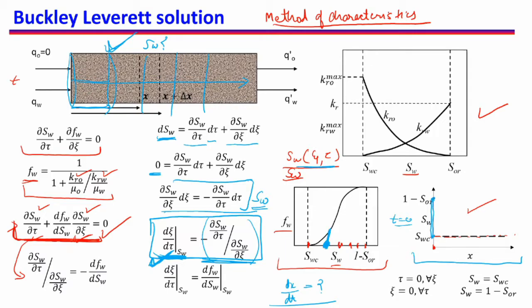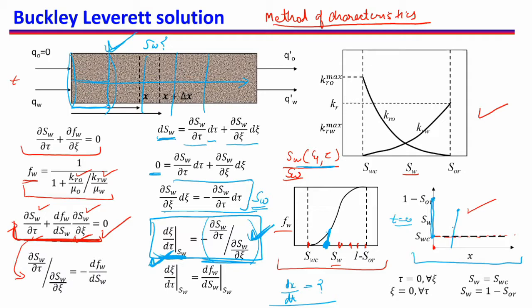So we will find velocity using this equation. Once we have velocity, we will multiply it with time, or integrate it with time, to find what distance it would have reached in time tau, and so we will get what x, or what xi, it would have reached in time tau.